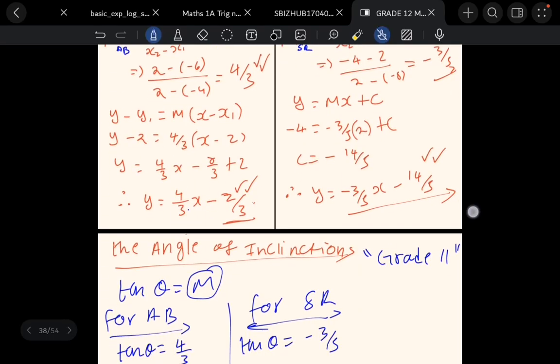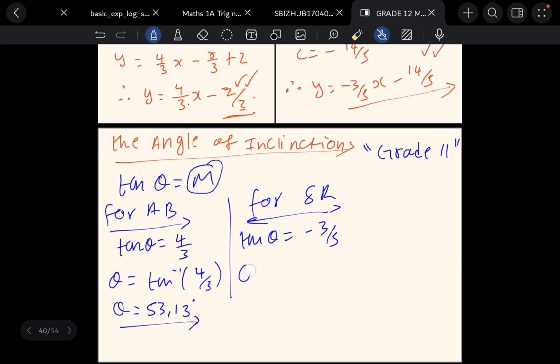So we will calculate theta as 180 degrees minus the arctangent of 3 over 5, because it is negative. If it was positive, it's just the arctangent. So it's 180 degrees minus arctangent 3 over 5.